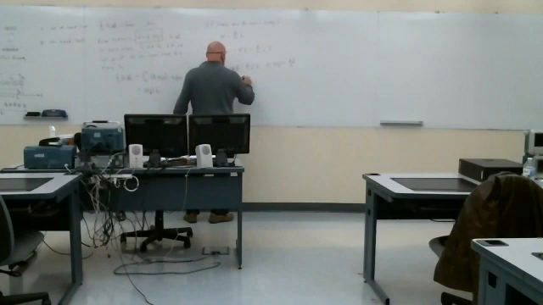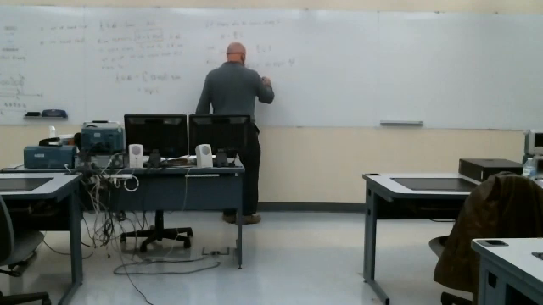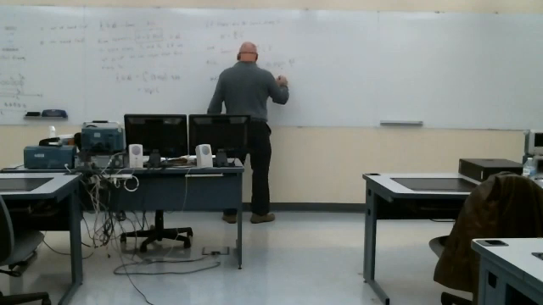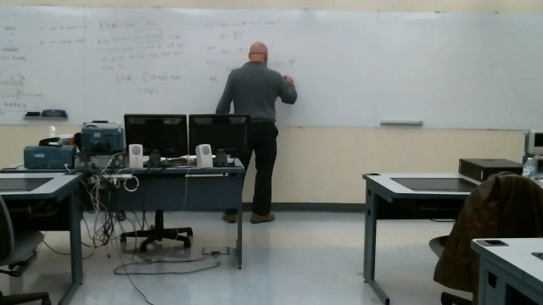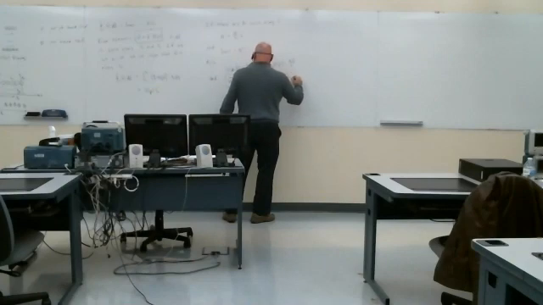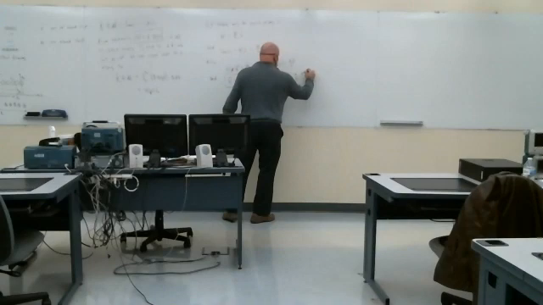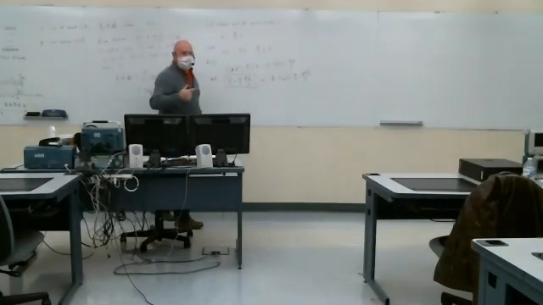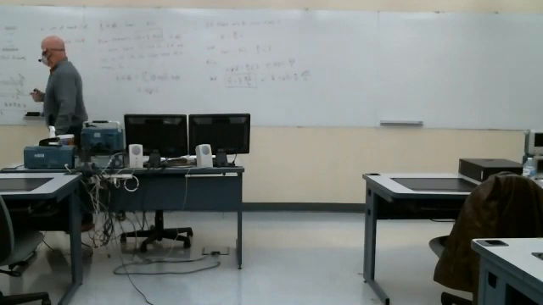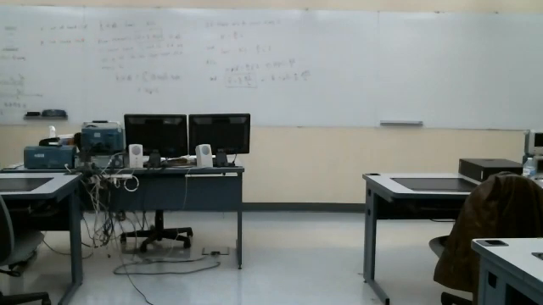It's N I over L. Or for the magnetic flux density, it's mu H, which would be mu N I over L. Again, if the center of the inductor is air, we say it has an air core.